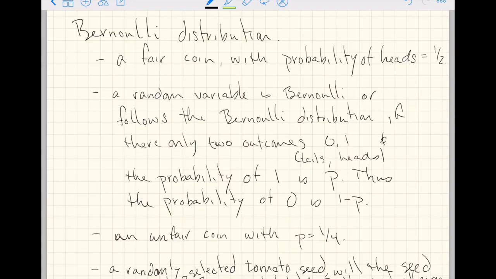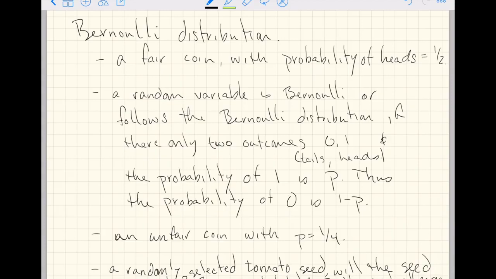Because you'd have a bunch of zeros and ones, 0 if a particular seed did not germinate, and 1 if a particular seed did germinate, you'd essentially just take the mean of all of your outcomes. 1 anytime the seed germinated, 0 anytime it didn't, add up all the zeros and ones, and divide by however many there are. That would give you an estimate of the population parameter P. You would have a little guess, P hat, of the population parameter P.